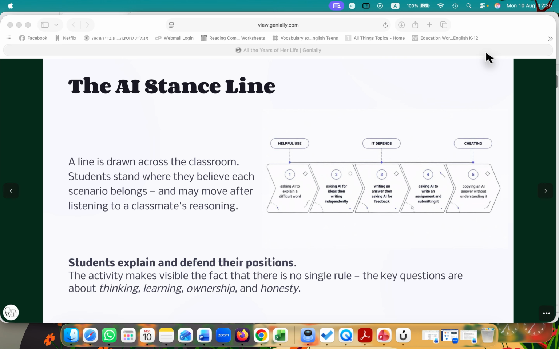Give 5 scenarios from asking AI to explain a word to copying an answer without understanding it, and let students stand where they think each belongs, moving after they hear classmates' reasoning. Not every scenario has one automatic answer. The goal is to get students thinking carefully about where helpful support ends and dishonest use begins.